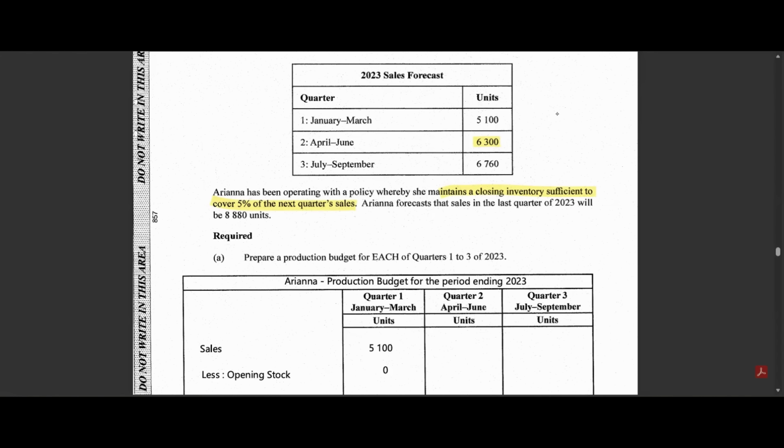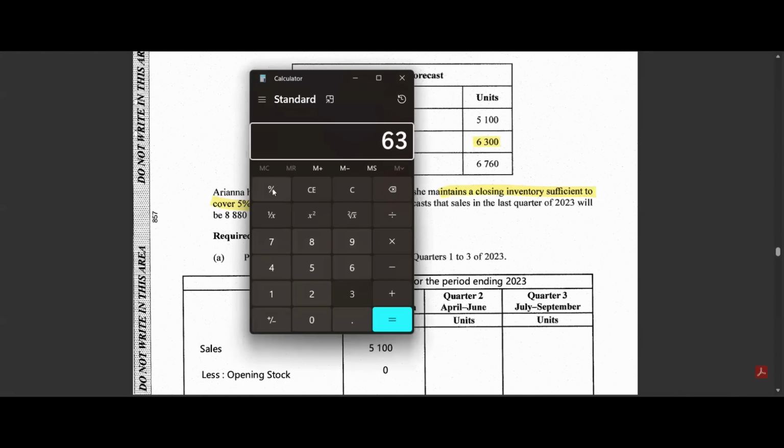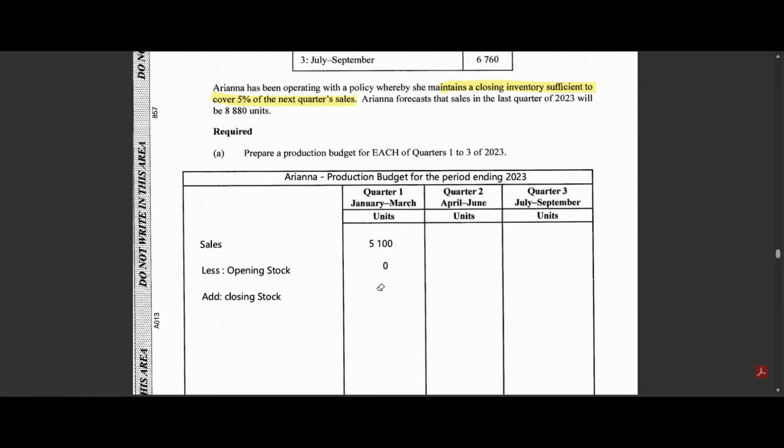So let's see what that's going to work out to be. That's 315 units of closing stock. Yep, that's what it is. Let's put it in.